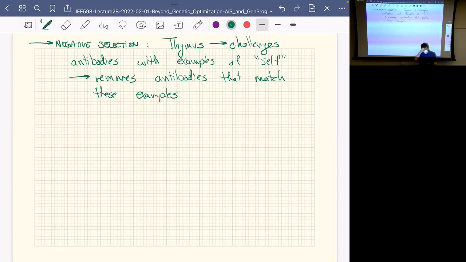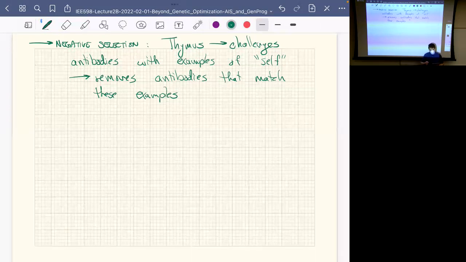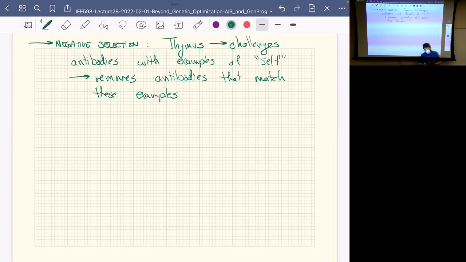Yeah, this question: could we have used negative selection in our genetic algorithm for the mini project, because if the solutions didn't fit the range of like -0.5 to 1, we kicked those out?